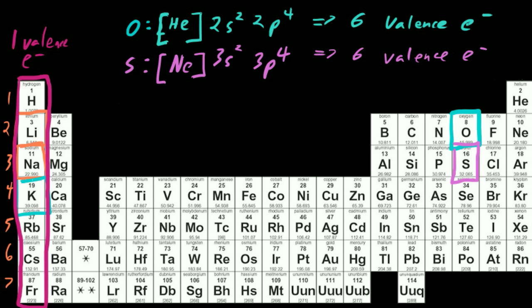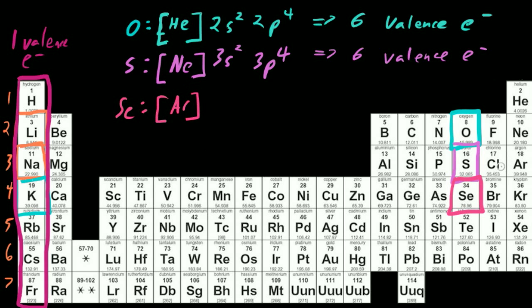Let's do one more. Let's do selenium. So selenium, choose a good color. So selenium, right there, Se. What's the nearest previous noble gas from selenium? Well, it's going to be argon. Argon, Ar.